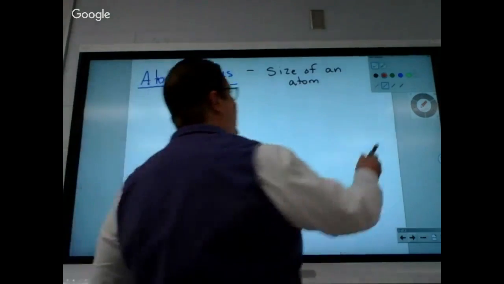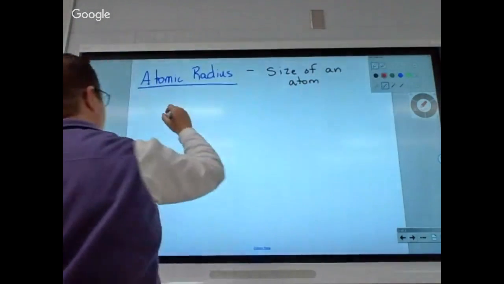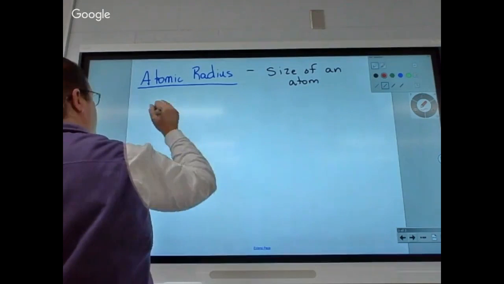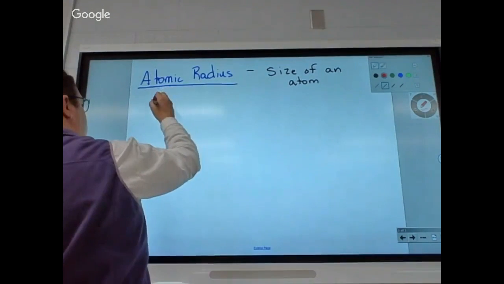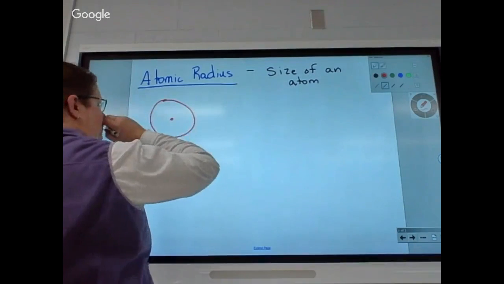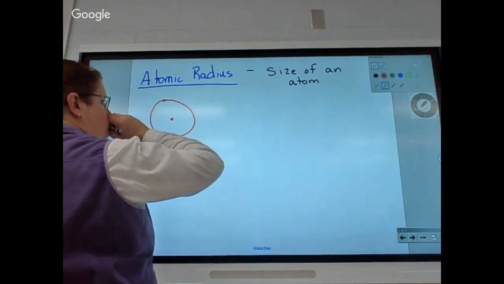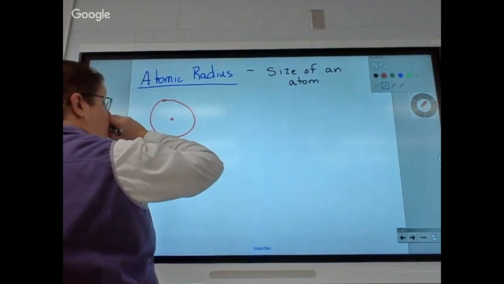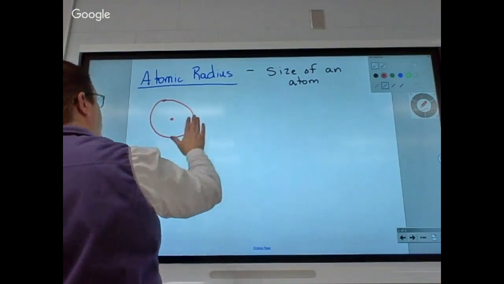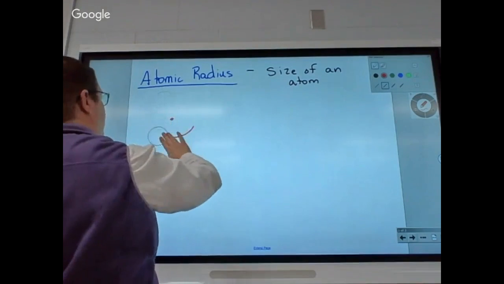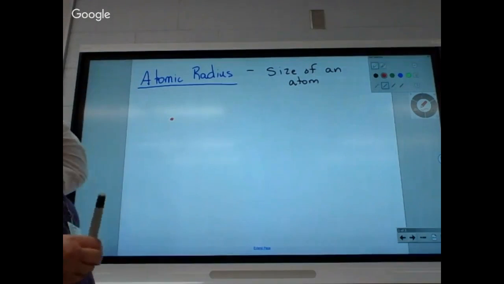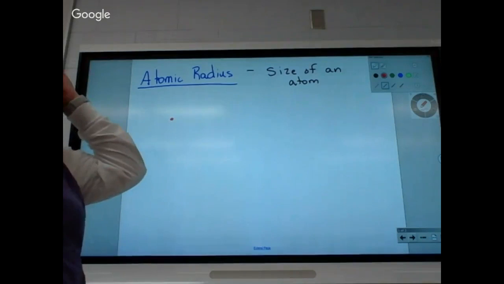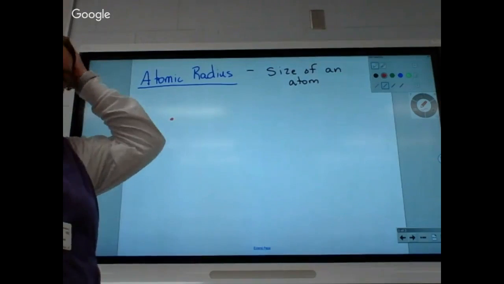All right, so when we find the size of an atom, we know that there's a nucleus in an atom, right? Can we measure from the nucleus to the outside of an atom? No, because we don't know exactly where the electron is. We think we know, all right, but the electron is actually in an area of probability.